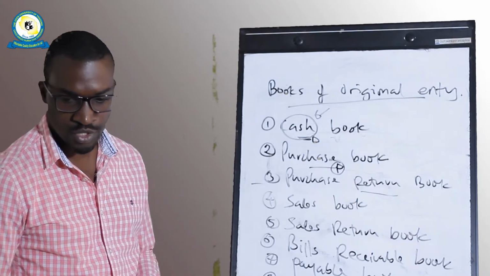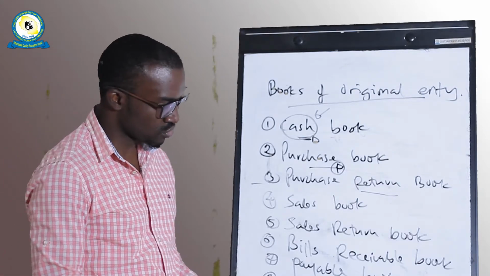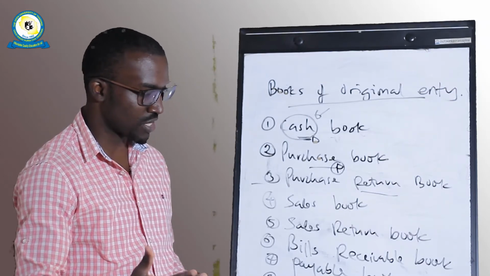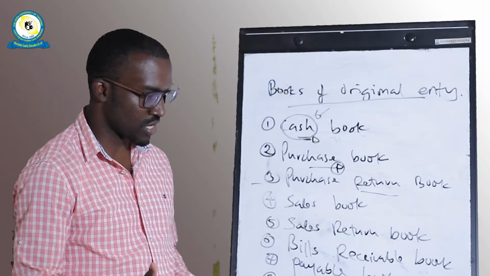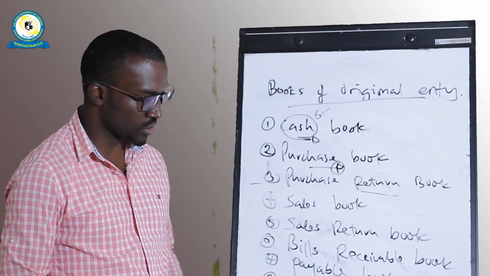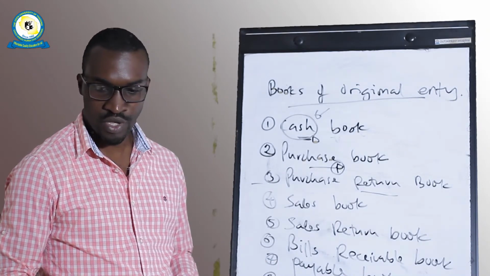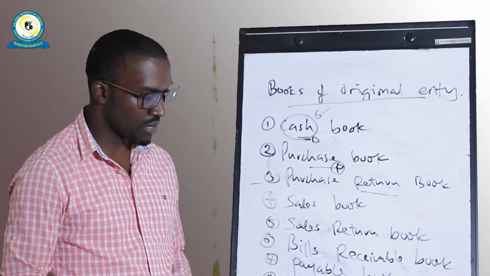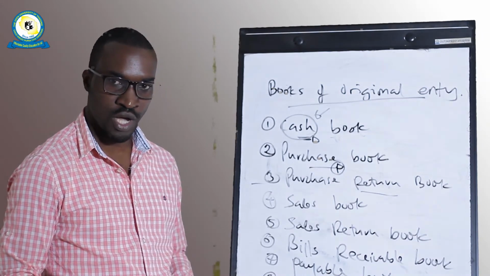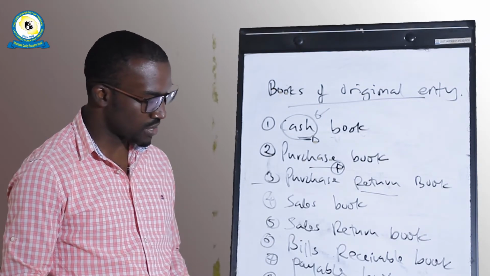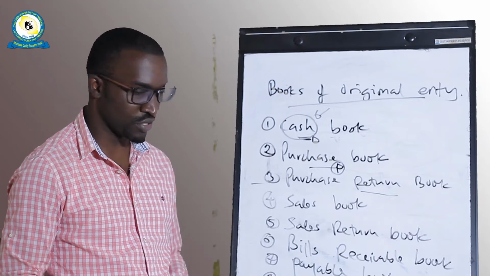Then we have bills receivable. It's a book that records all the bills receivable. One might ask, what is a bill receivable? Receivable is something that you expect, so all the bills that you expect to receive you record in this book. We have bills payable: the payables that you expect to pay, or that are supposed to be payable, are recorded in this book.